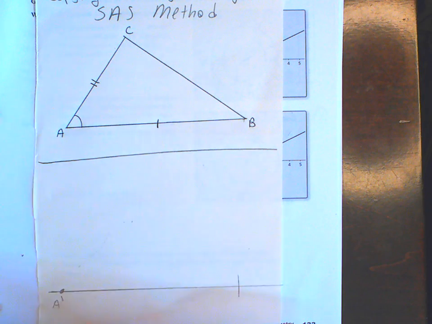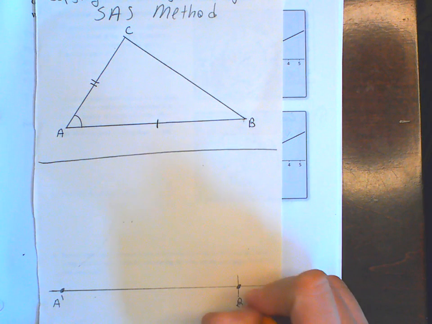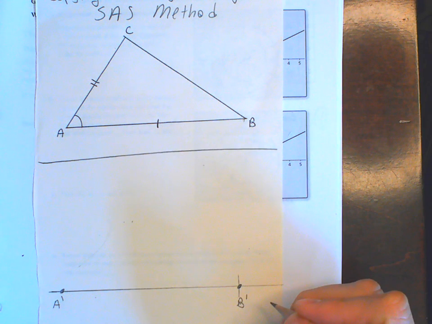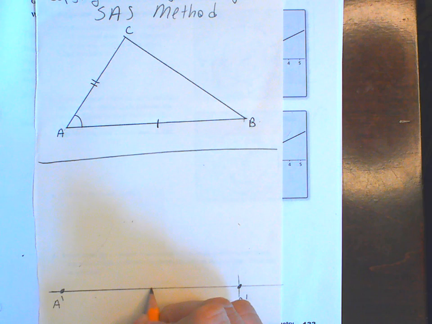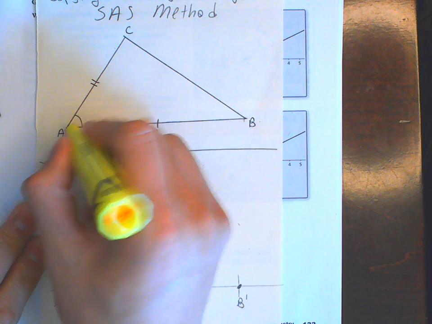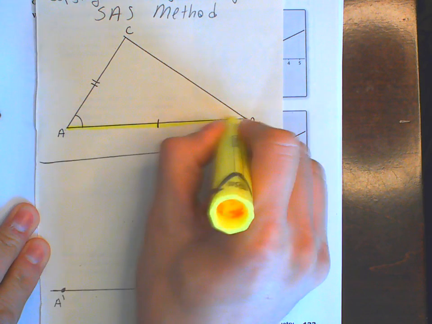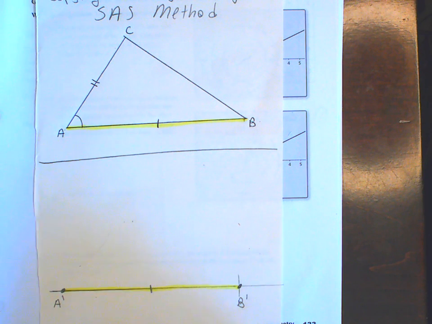And that point of intersection, I'm going to call B prime. Now AB is the same distance as A prime B prime. So far I have made this distance and this distance the same.